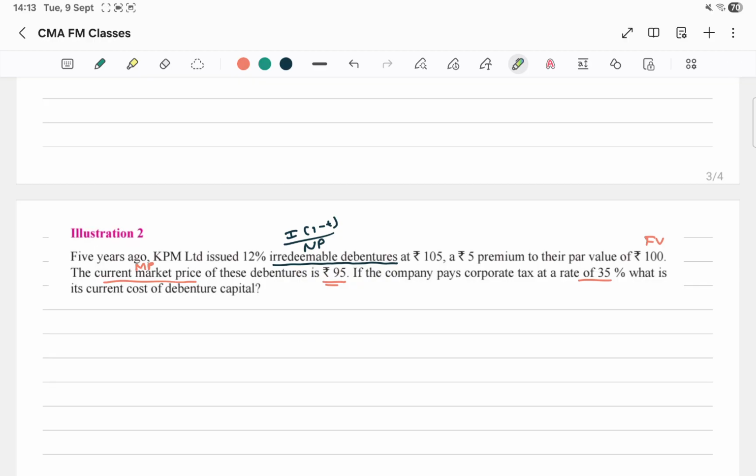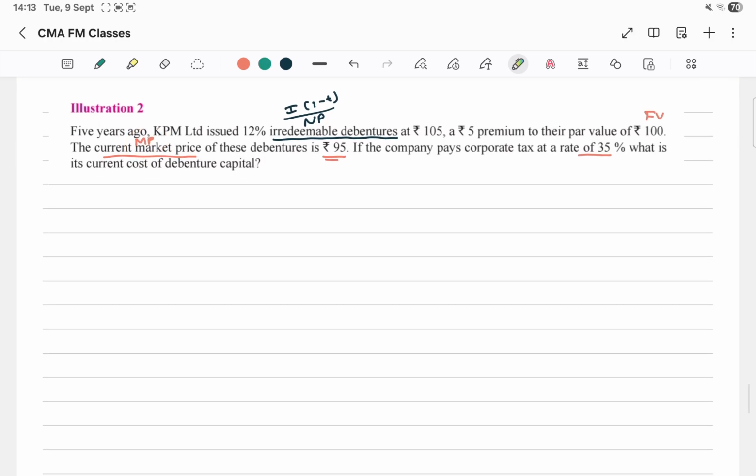So in case of existing debt, first you will take the market price as NP. If market price is not given, then you have to go with face value. Now they have given both the market price and the face value, so the one you should consider is the market price.